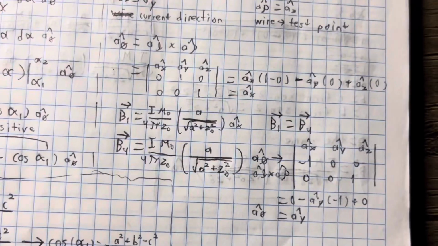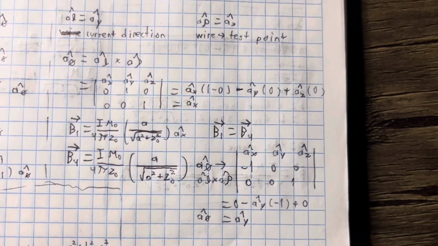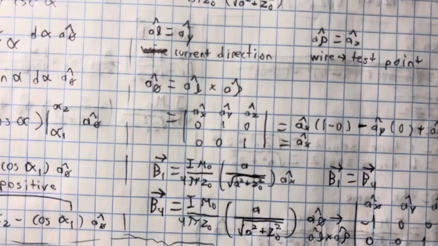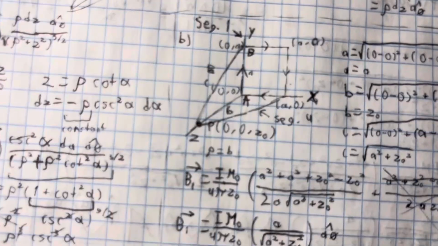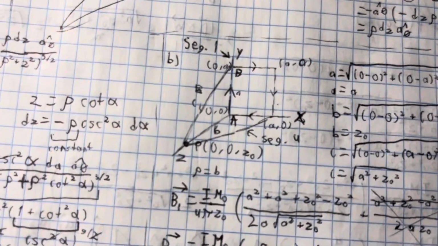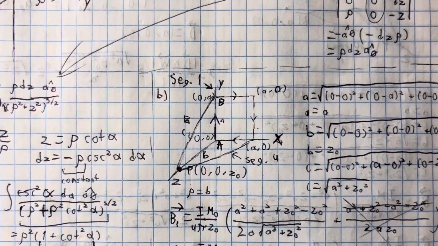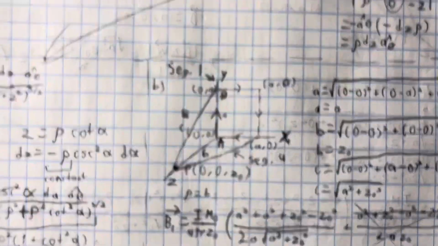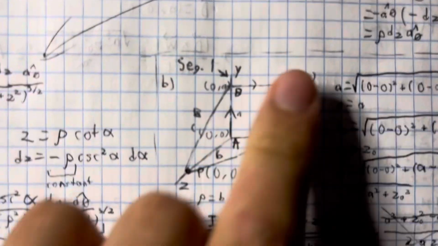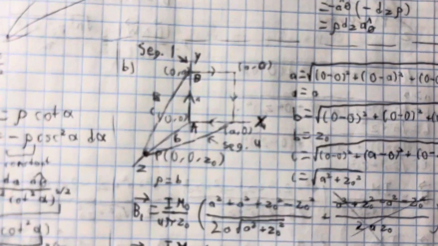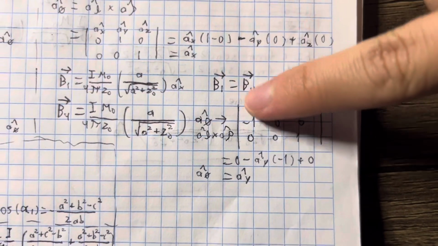For segment 1, there are no values for x in the current vector, which is y positive. But for segment 4, the current vector is this one here, minus x, and in the cross product it gives minus 1 in x.